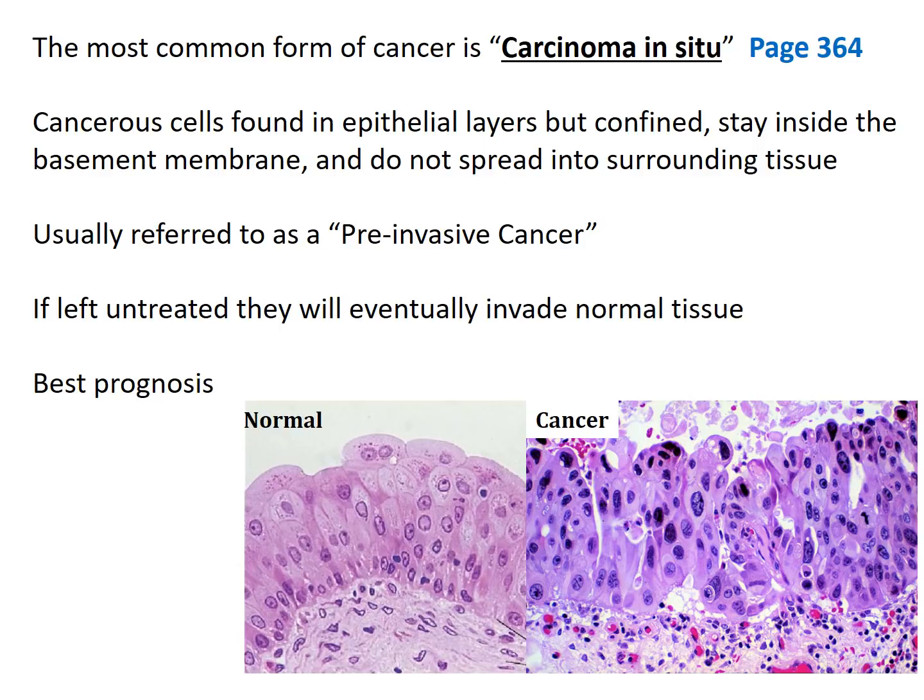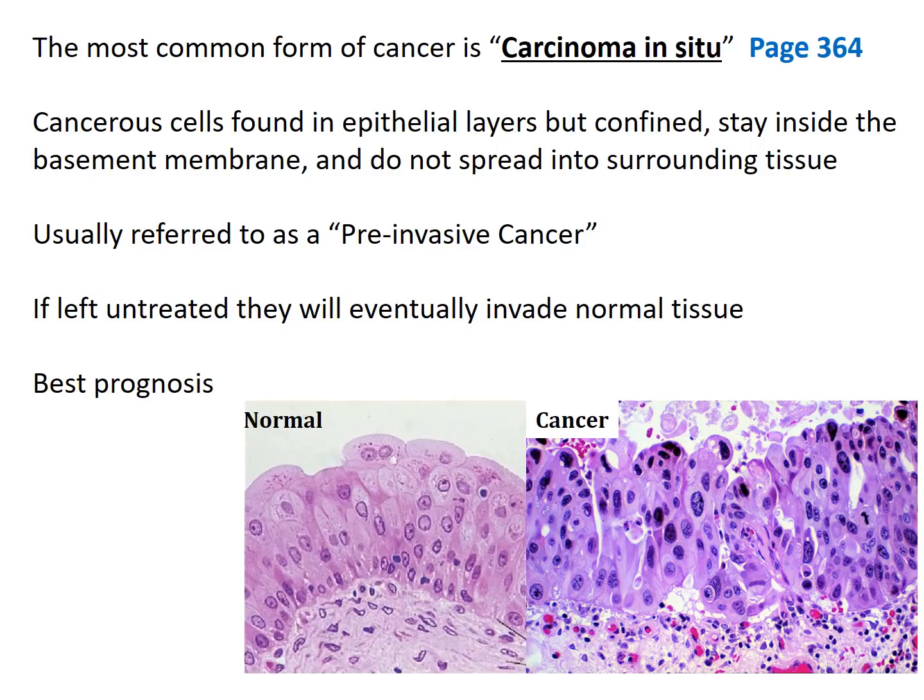But in general, because carcinoma in situ has not invaded into deeper tissues, it tends to be a type of cancer that has a better prognosis. The deeper the cancer gets, the worse is the prognosis. Carcinoma in situ, confined above the basement membrane, is going to typically have a better prognosis. And we'll see a whole lot more of carcinoma in situ when we talk about skin cancers next week.